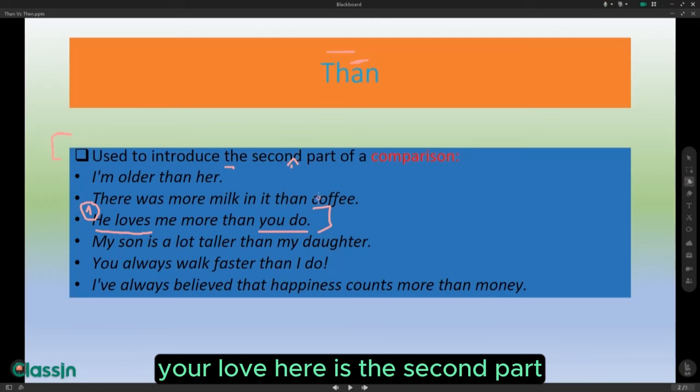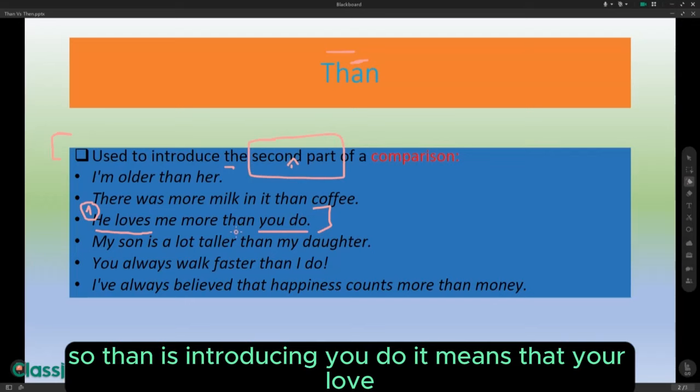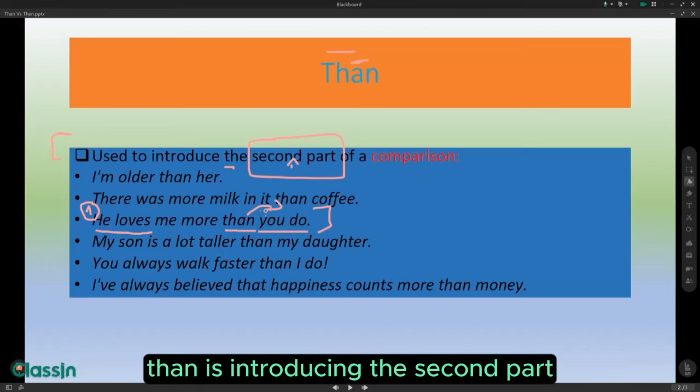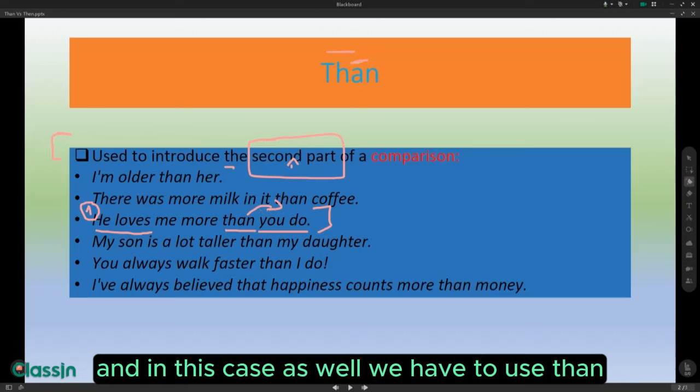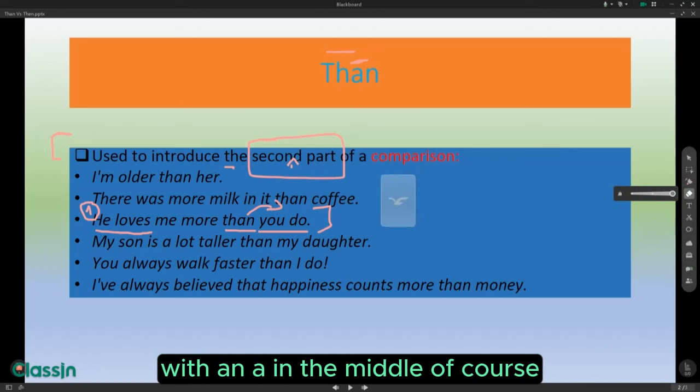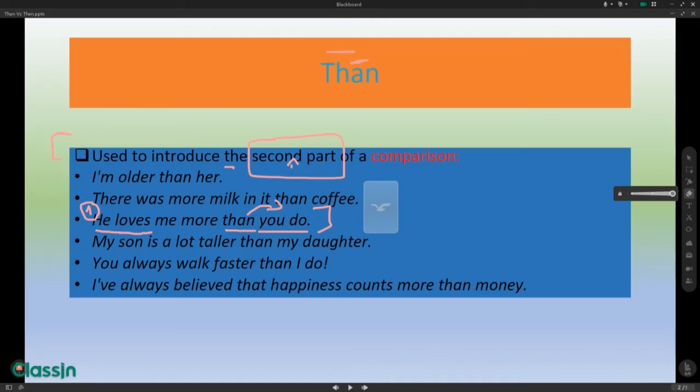Your love here is the second part. So "than" is introducing "you do". It means that "than" is introducing the second part. And in this case as well, we have to use "than" with an A in the middle, of course.